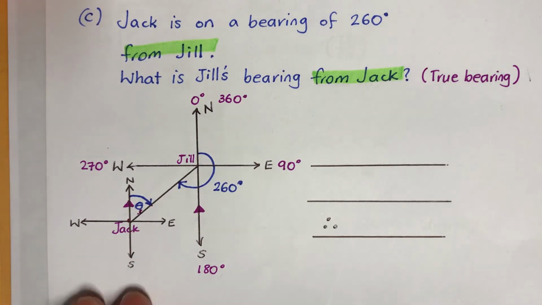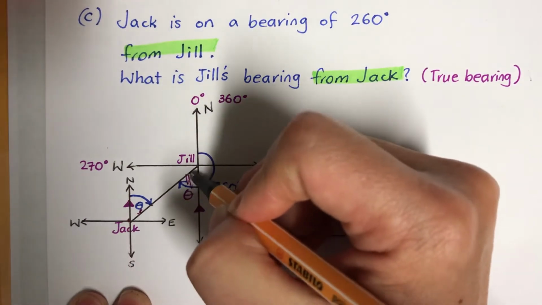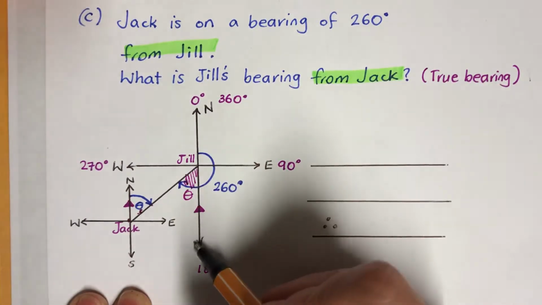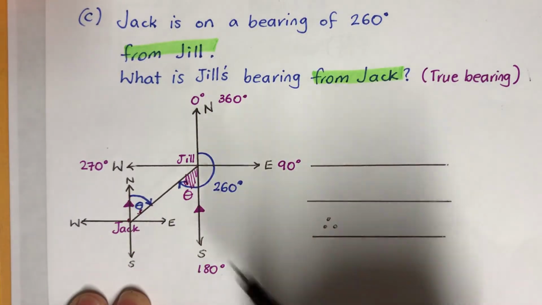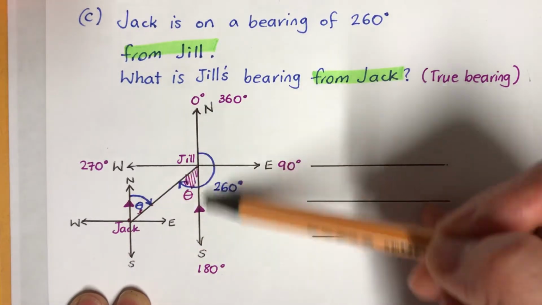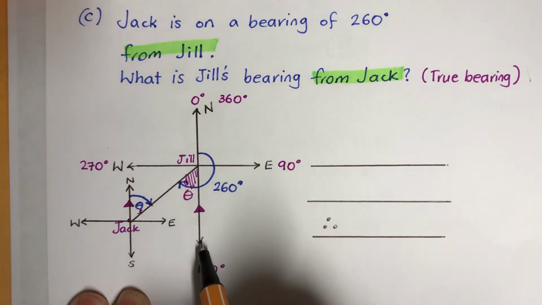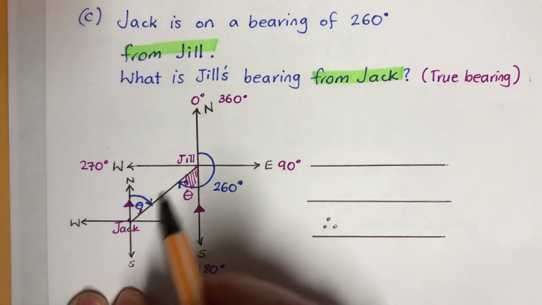How are we going to find this? When you sketch, it doesn't matter how many compasses you sketch, they need to be parallel to each other, so it's handy for finding the angle. So this is alternate.